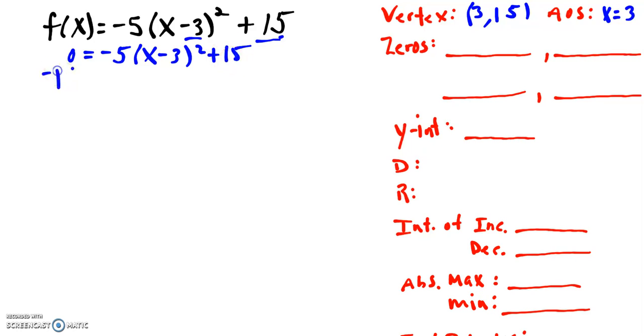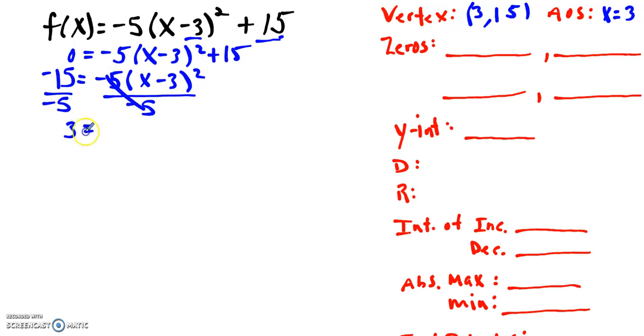We're going to subtract 15 from each side. And now I still have this -5 hanging out in front, so I'm going to divide each side by -5. Those are going to cancel, and I'm left with 3 equals x minus 3 quantity squared.